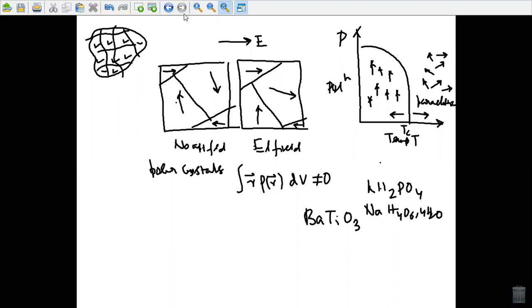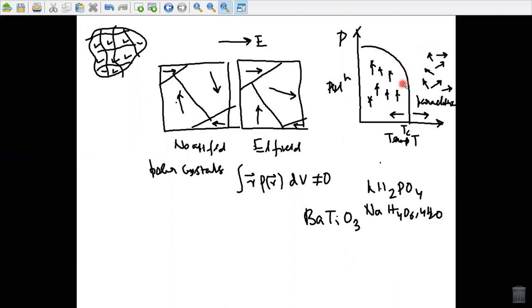A ferroelectric material, like a ferromagnetic one, exhibits a spontaneous polarization even in the absence of an external electric field. The spontaneous polarization gets destroyed and the ferroelectricity disappears above a certain temperature called the transition temperature or the Curie temperature, we will discuss later on, where the material becomes paraelectric, where there is no net polarization at all.